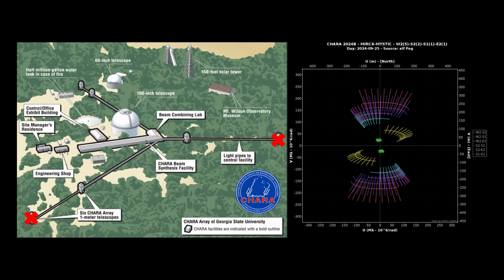You also have more baselines to work with in general, to look for visibility changes, because all of this is orientation dependent. With mostly 5 telescopes, the baseline does decrease significantly because we're no longer working with W2 way off to the right.